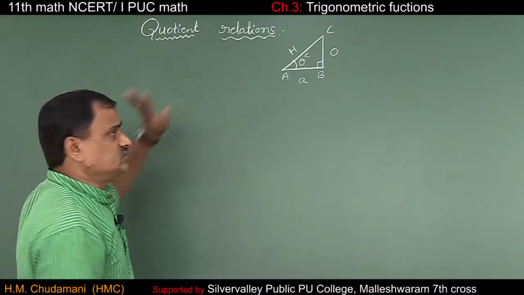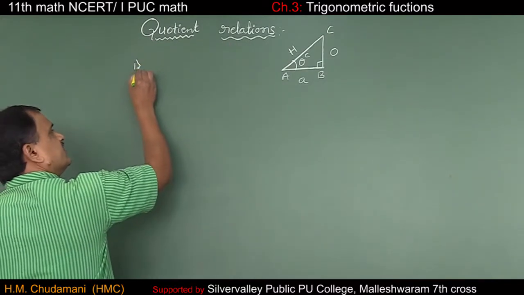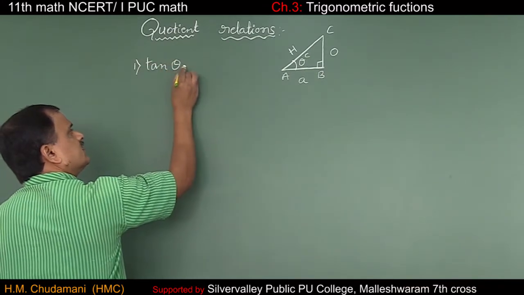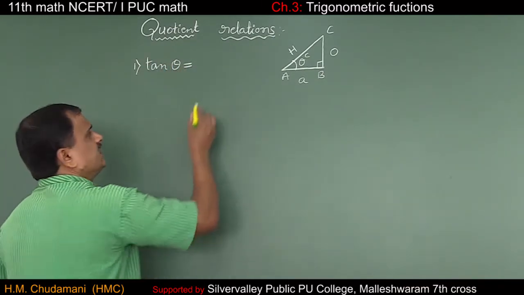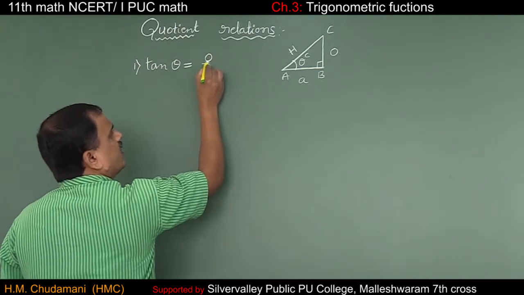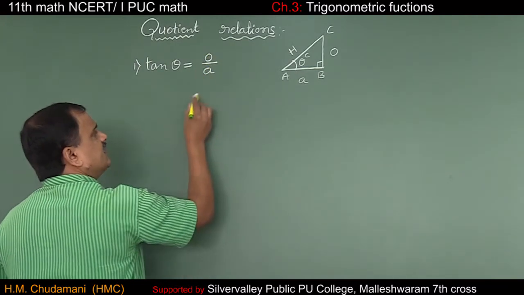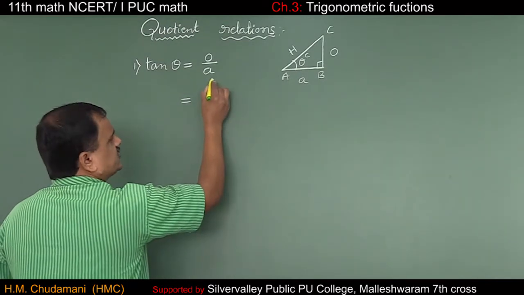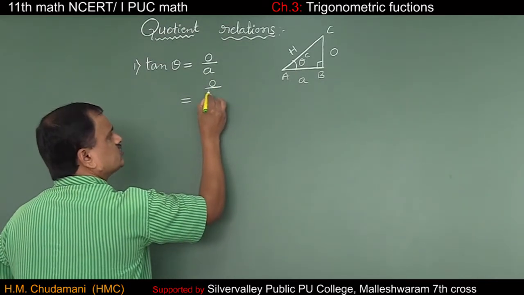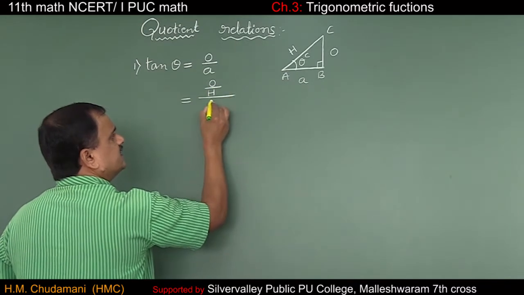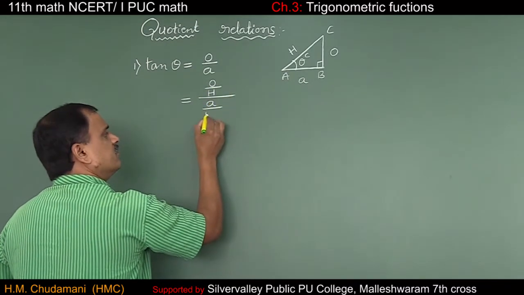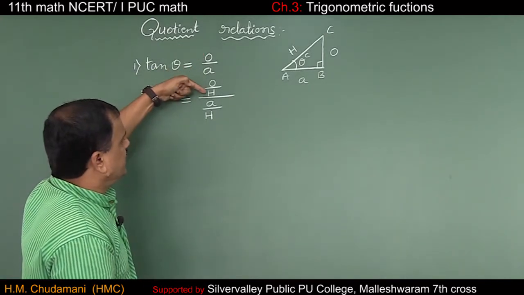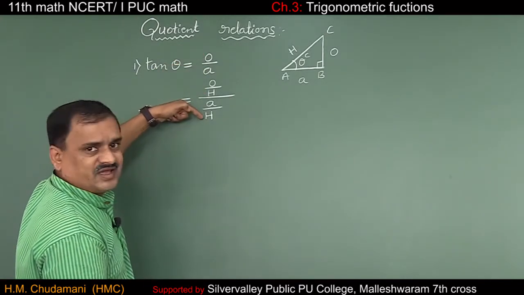Quotient relations. Under that, the first one, tangent of the angle theta is opposite side divided by adjacent side. Here what I do is just divide both numerator and denominator by the hypotenuse side. Divide numerator by hypotenuse, and denominator by hypotenuse.